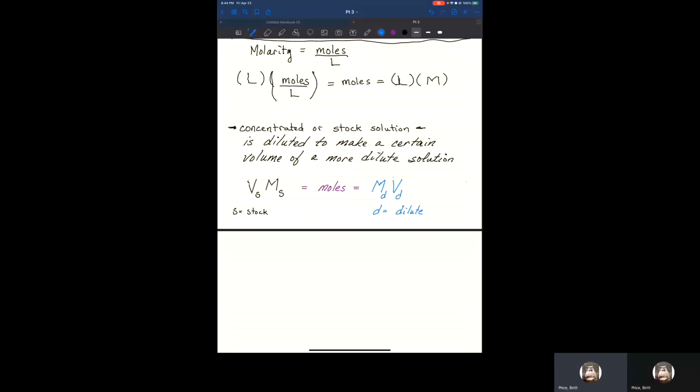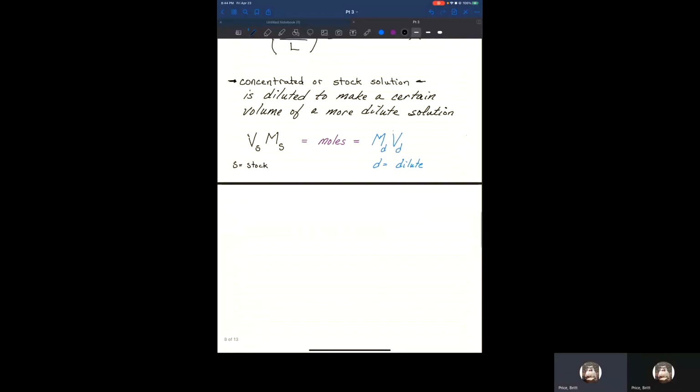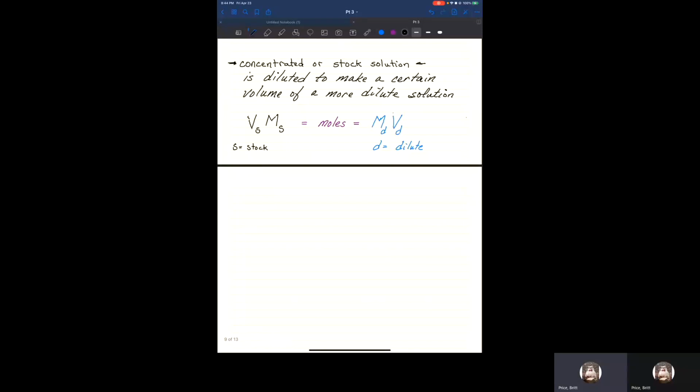What we had in the back, however, was 6 molar. Well, the bottle that I had was 500 milliliters. After lab on Tuesday, this is what I did.